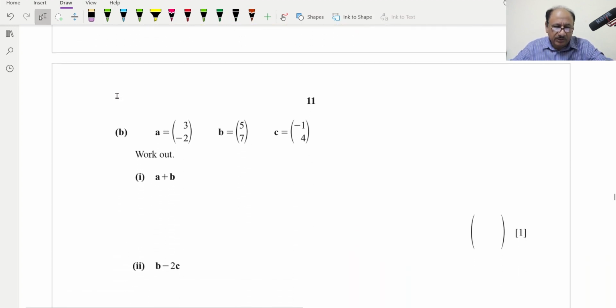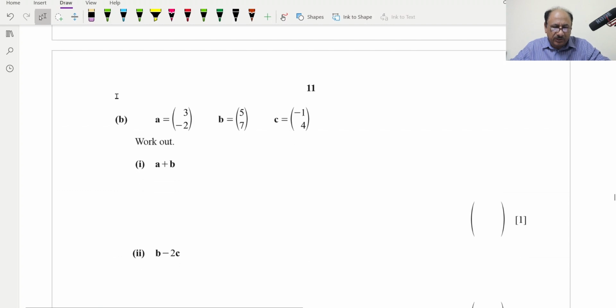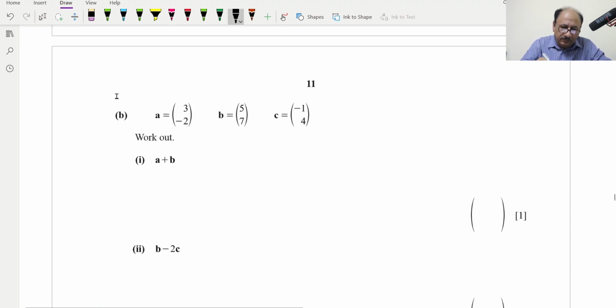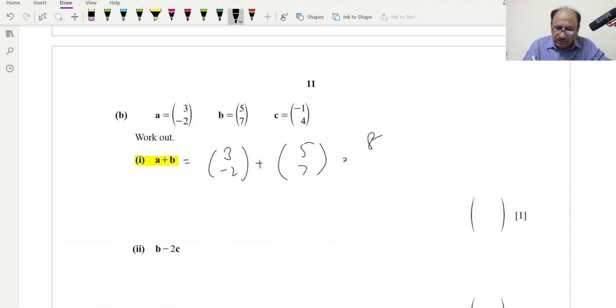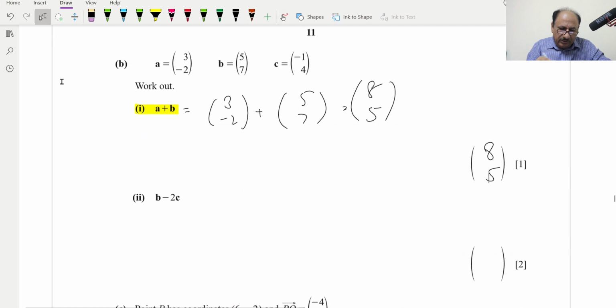Then the B part: A, B, C column vectors are provided, and we have to add them. Part 1 is A plus B. So A is (3, -2) plus (5, 7), and this will be equal to 3 plus 5 which is 8, and -2 plus 5 which is 5. So this will be our answer, which we can fill over here. Then the second part is B minus 2C.